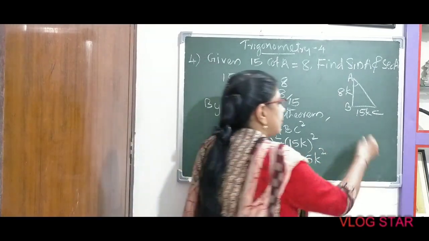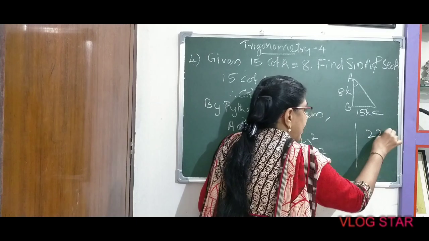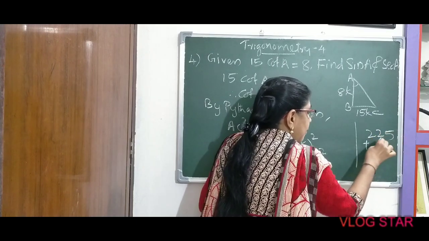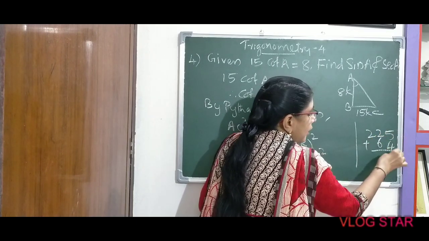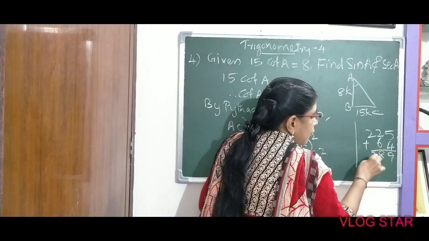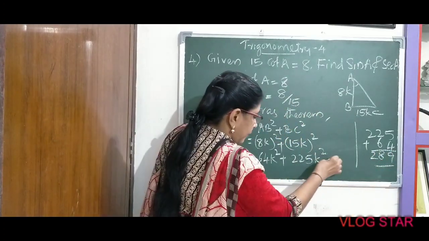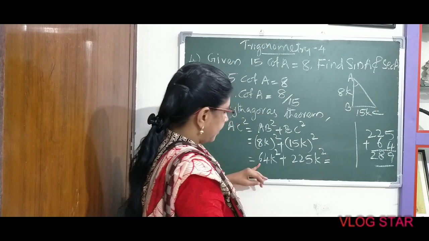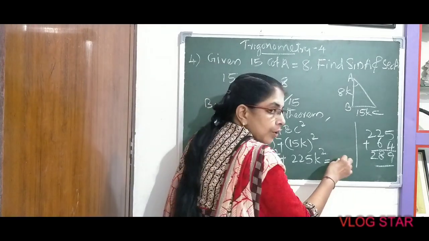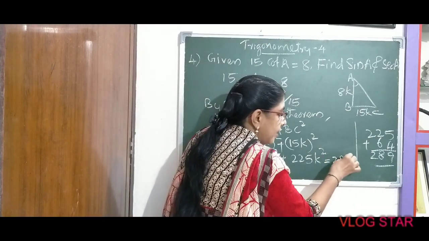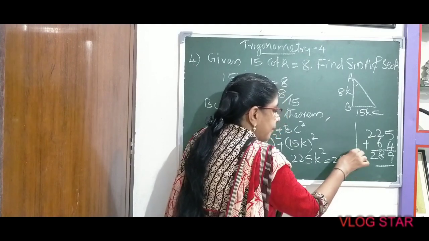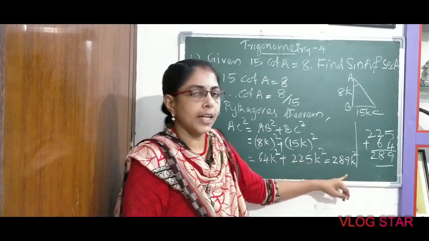Adding these two, 225 plus 64 is equal to 289. Therefore, we get 64K square plus 225K square is equal to 289K square. Therefore, AC square is 289K square.